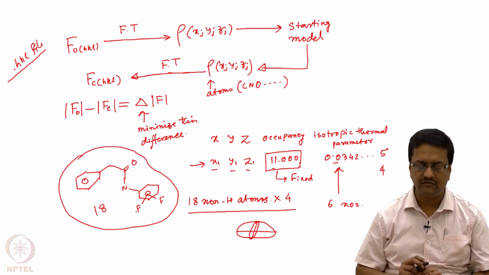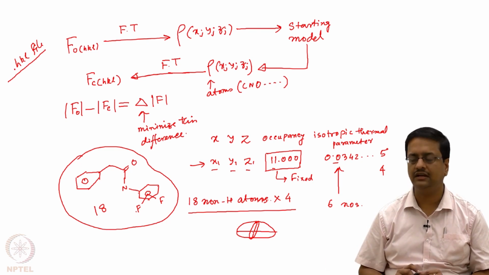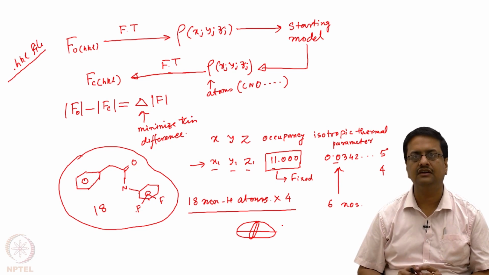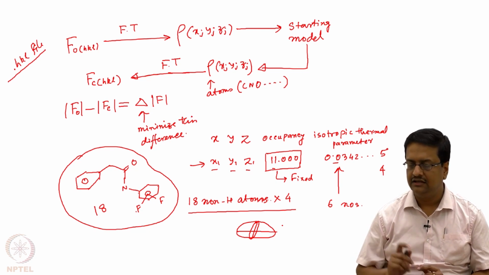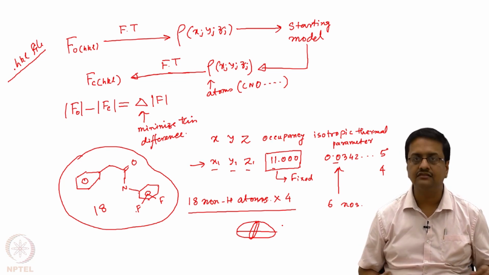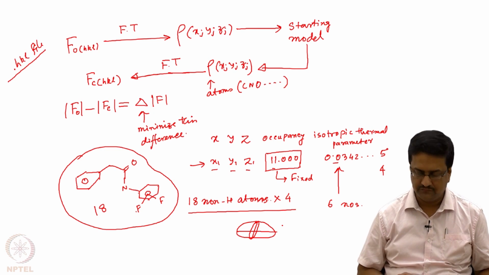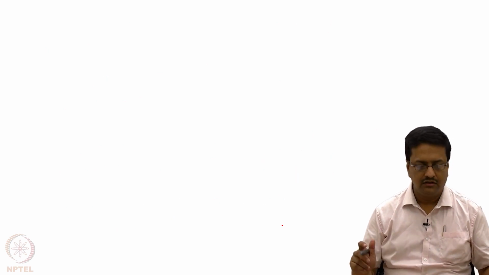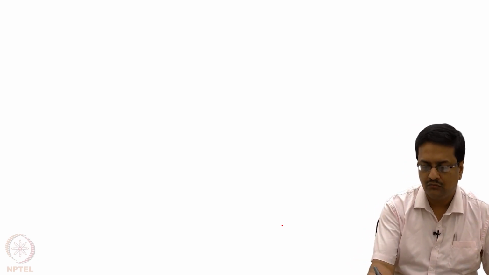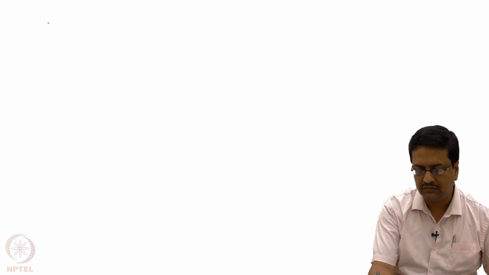So at this point, when we do this anisotropic refinement, all the atoms are converted to ellipsoids, and a parameter called the R factor, which we now need to learn, starts to reduce. When we have data, we see one parameter called Rint.